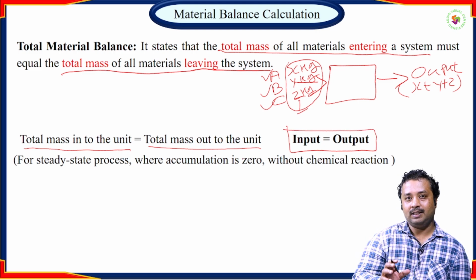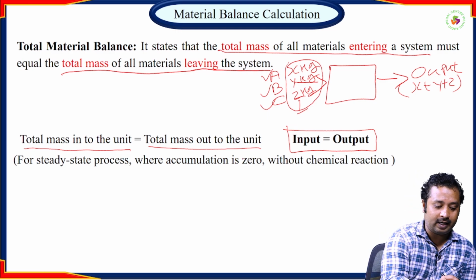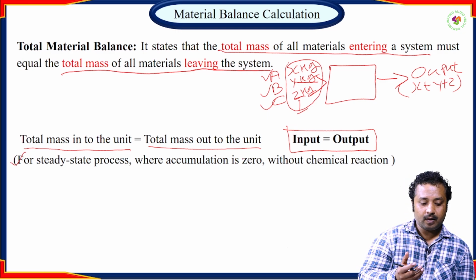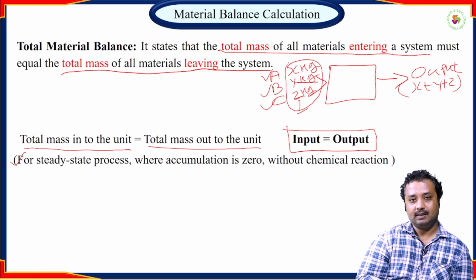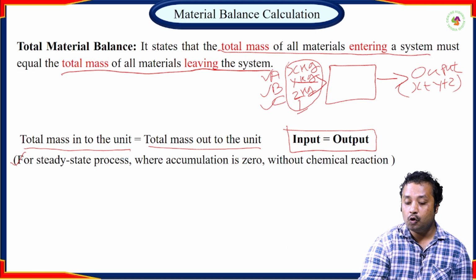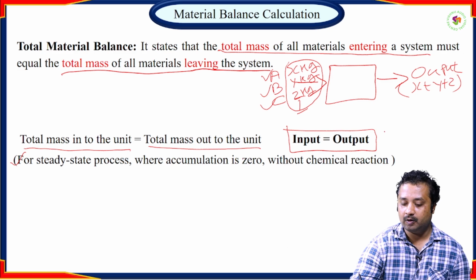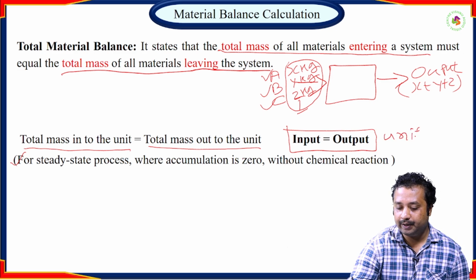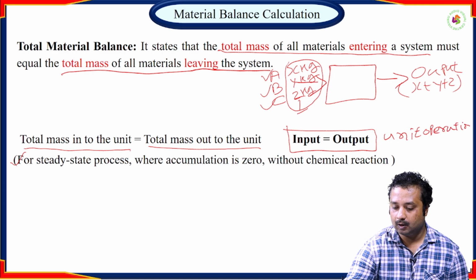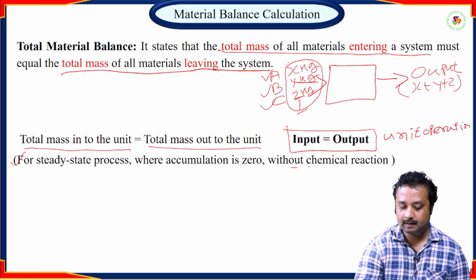And this we can consider under one assumption or condition: the system should work in a steady state process where accumulation is zero and no chemical reaction is happening, or we can say it is a unit operation where no chemical reaction is there.